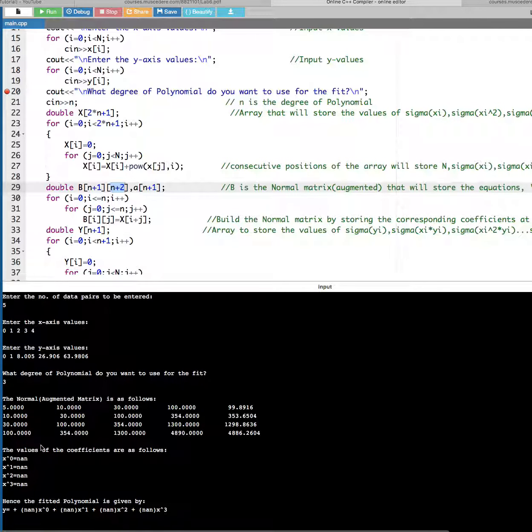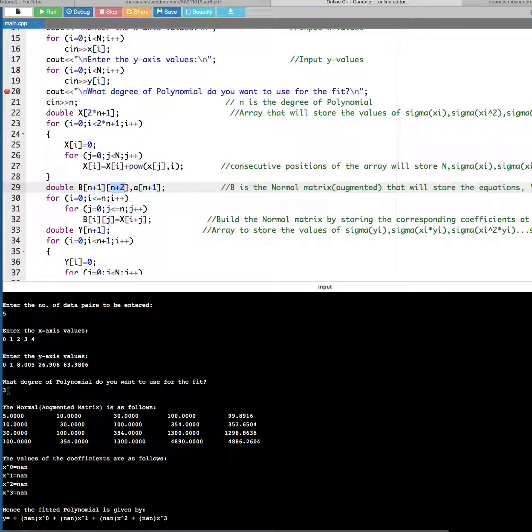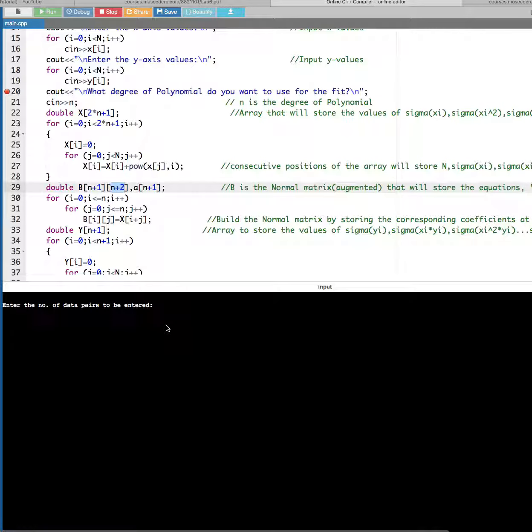It's not working. Let's try some different values. I have to figure out what's wrong here.